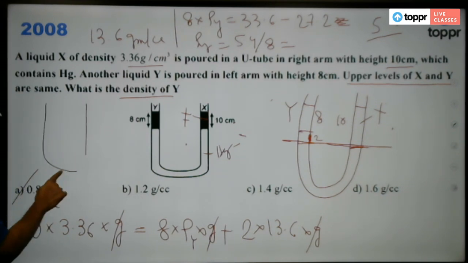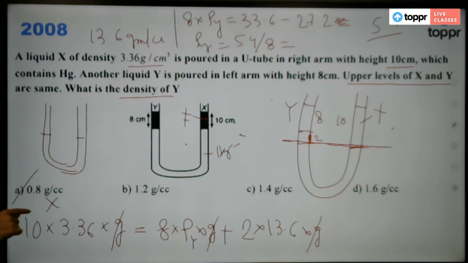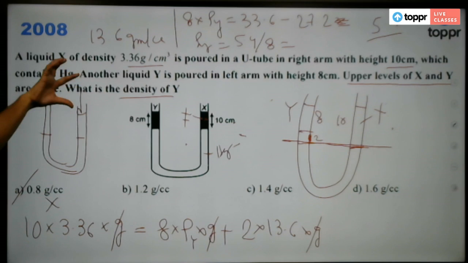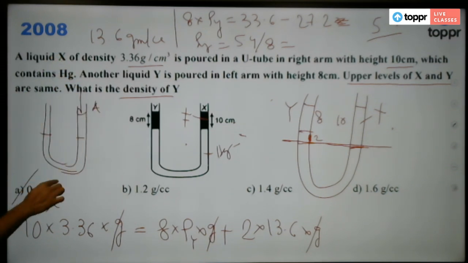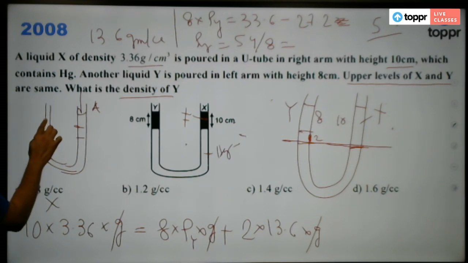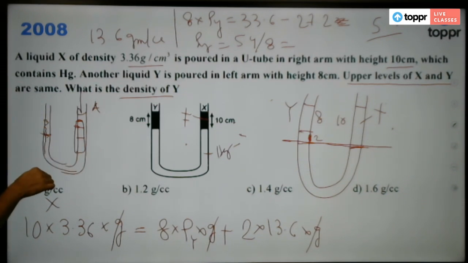You will see, it is having mercury, right? You're pouring water in one arm. What happens after the water is poured? You will see this mercury has raised up, and this is the water column, right? So now you have to balance. You have to see how much mercury has raised up, and what is the height of the water column.